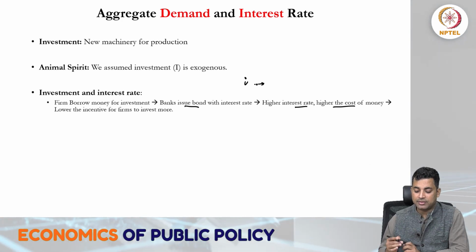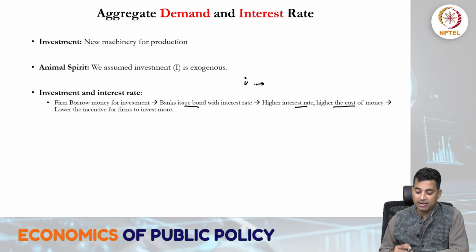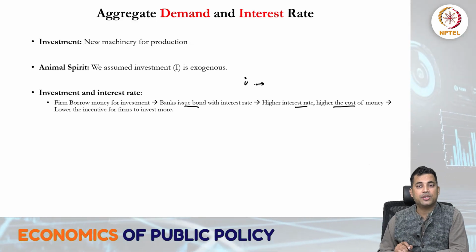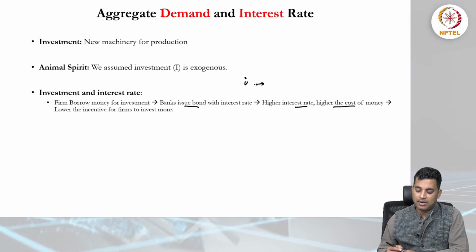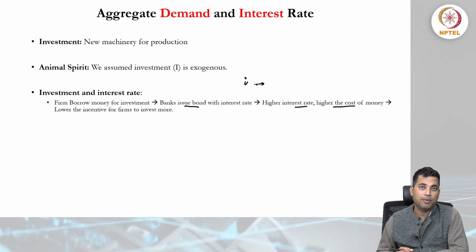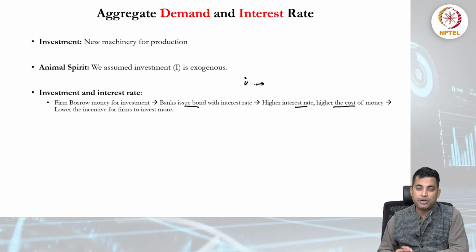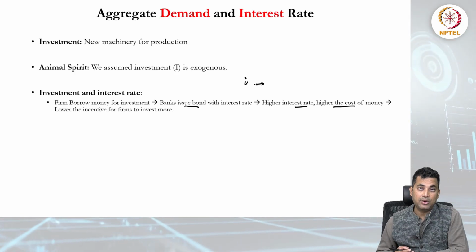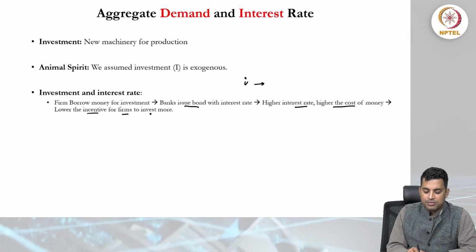So that's the features of the rate of interest that we really need to understand here. But in particular, we are talking about borrowings from the borrower's point of view. In the case of borrowers, what is the relationship between investment and rate of interest, looking at the value of money, and the lower incentive for the firms to invest?